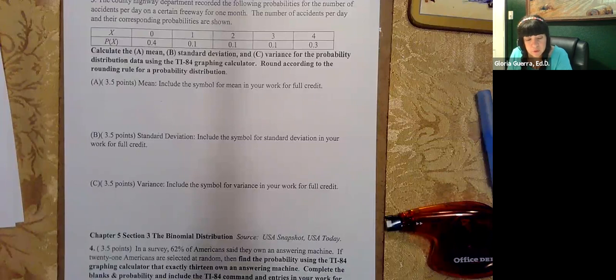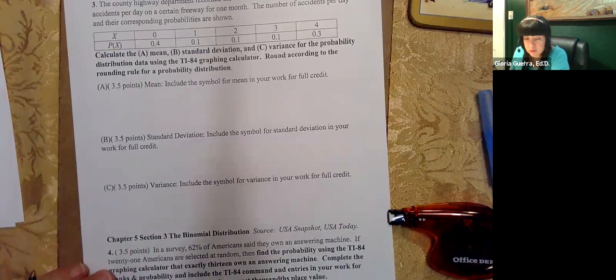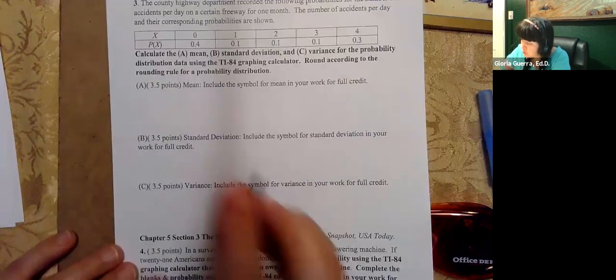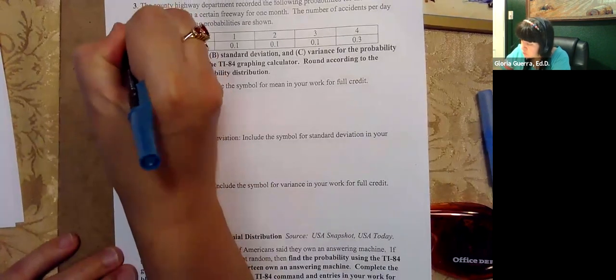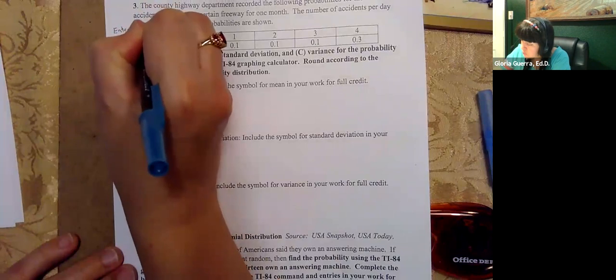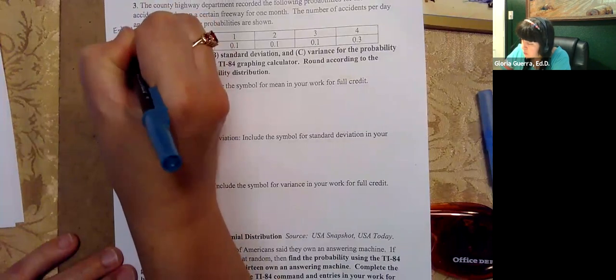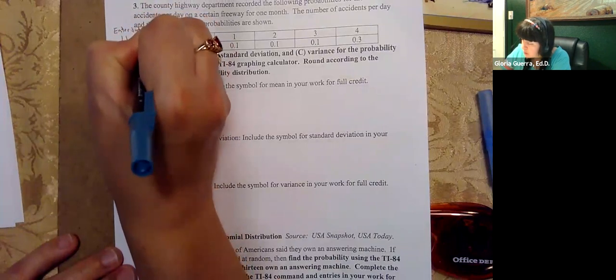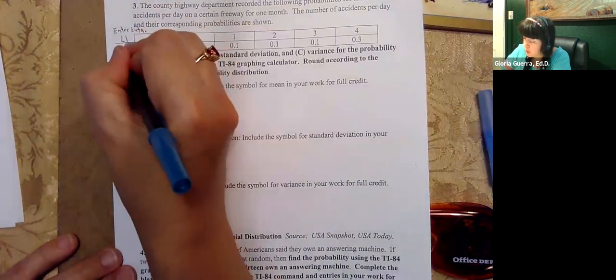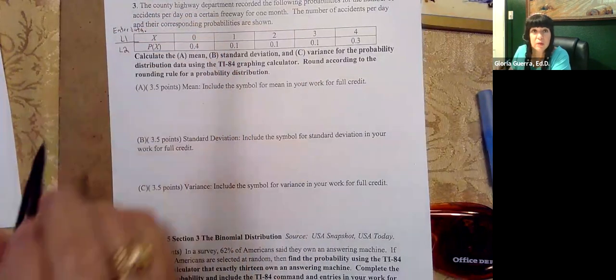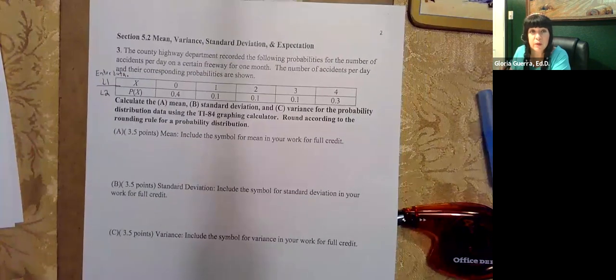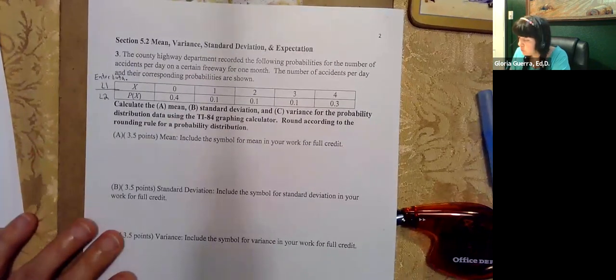Okay, so what we would do on our calculator is we would enter our data, right? Enter your data. I would put the X data in the L1 column, and enter the P of X, the probabilities, in L2.